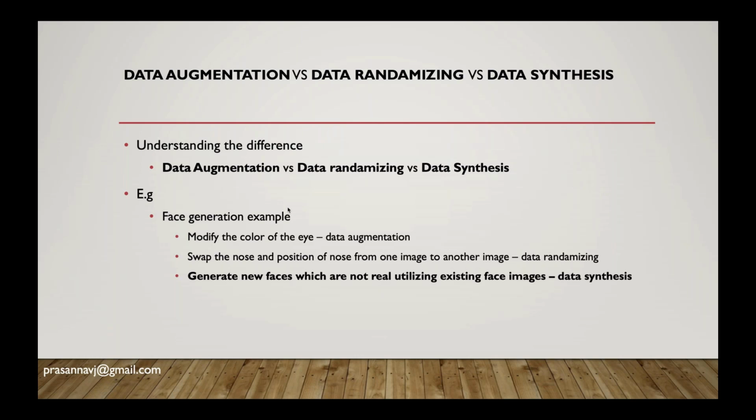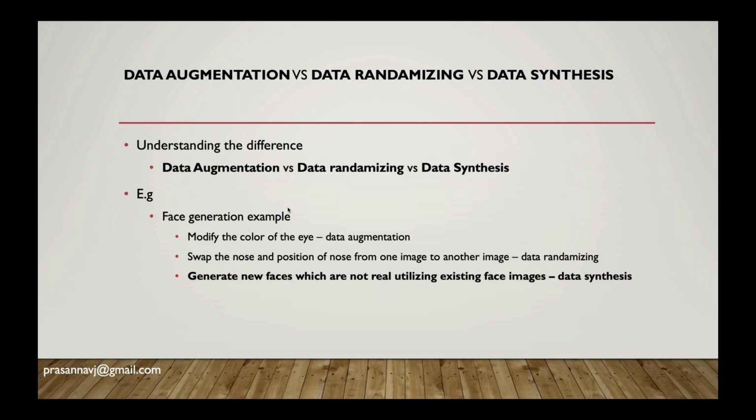It is the same set of photographs that you will be using for your application, but the only difference is you swapped the nose part of the photo. So this is an example of data randomizing. You are randomizing the nose data, which is available as part of your actual system.